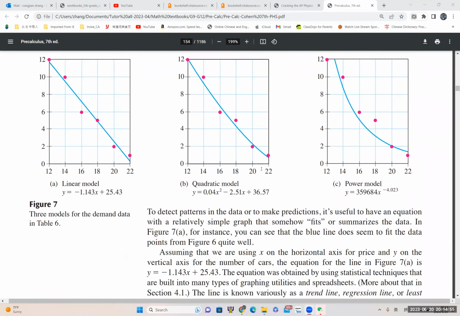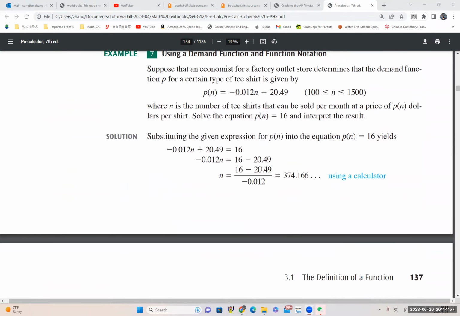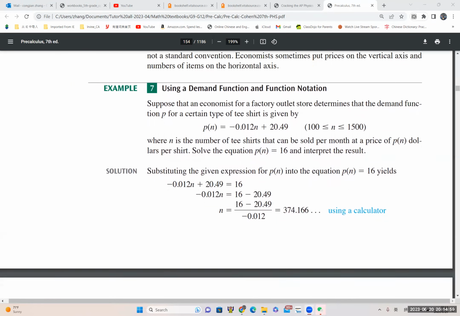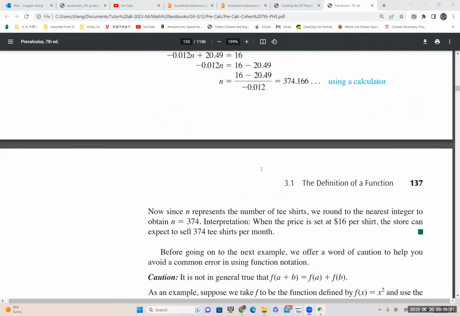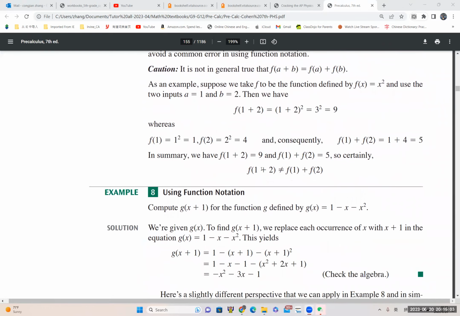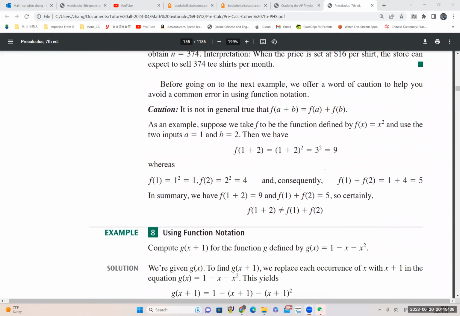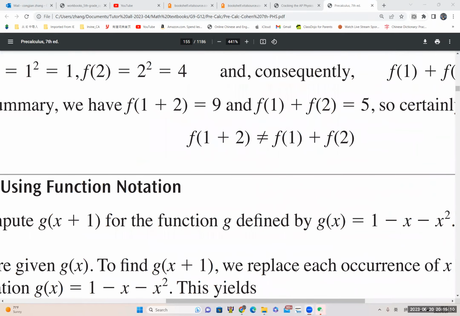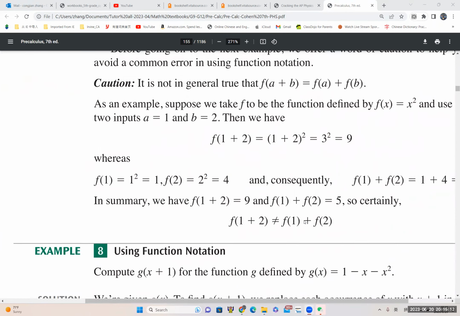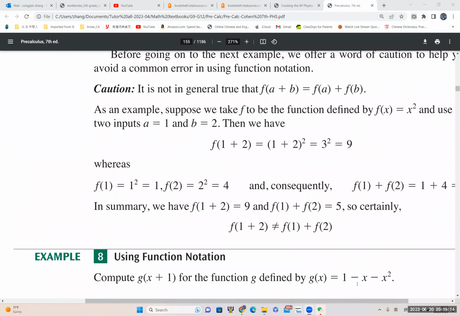We'll not check one by one. We'll see if you guys are okay with this. Compute this. How do you do this?